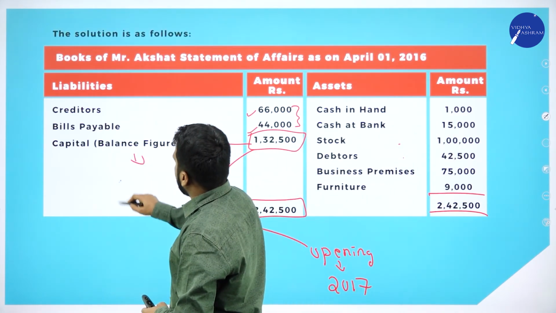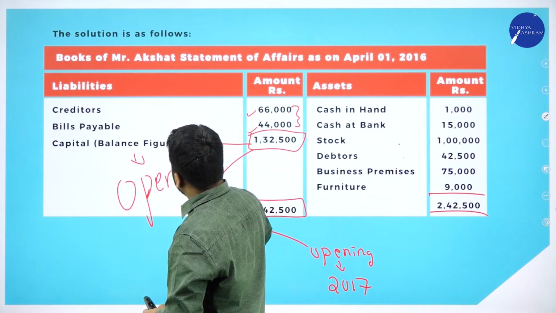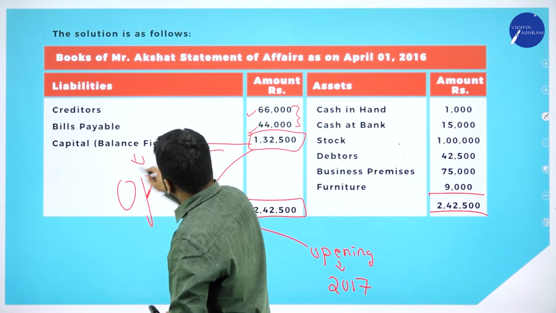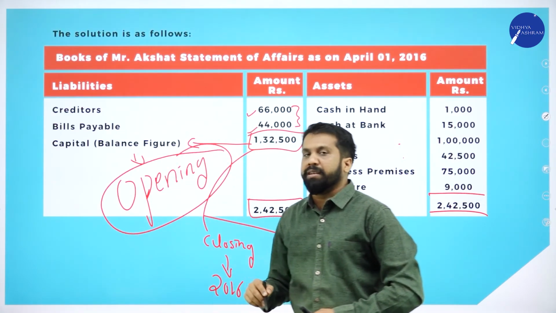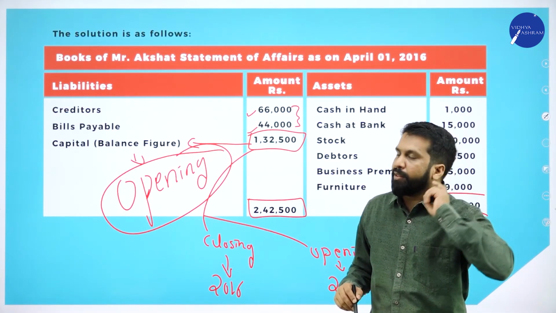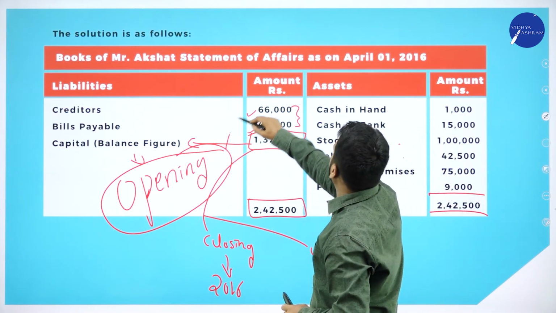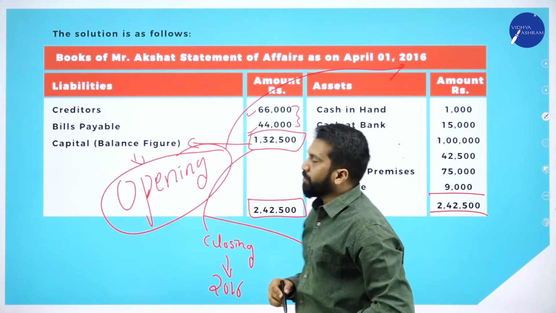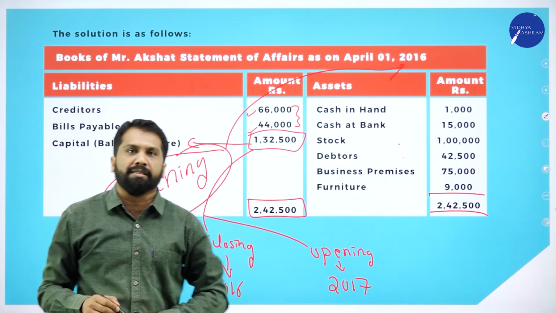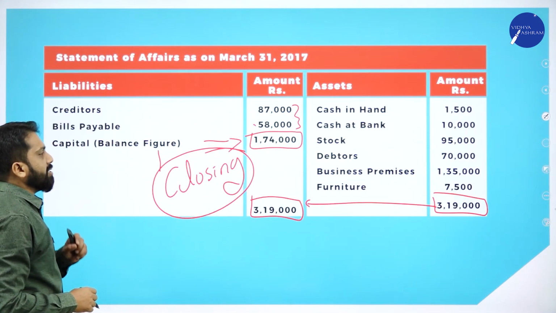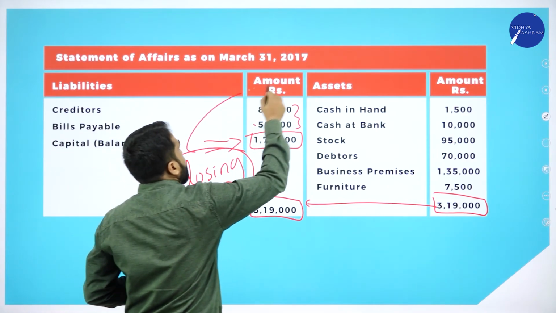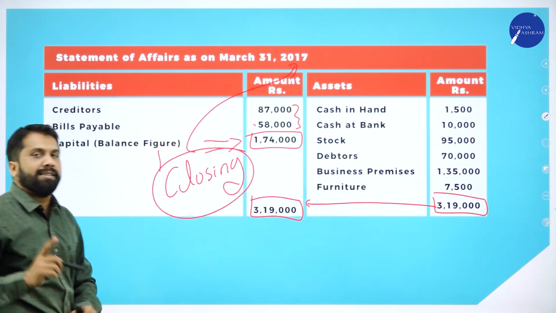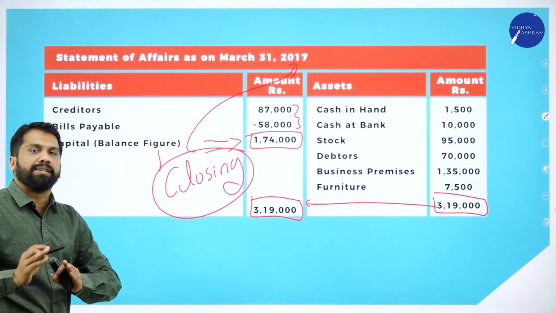This will be the opening capital for your profit and loss. Why is it opening? Because this one is 2016. Why is this closing? Because this is 2017. Hope you are clear.